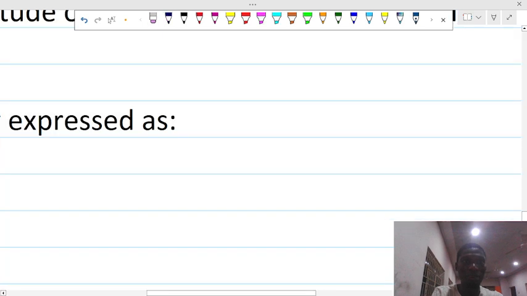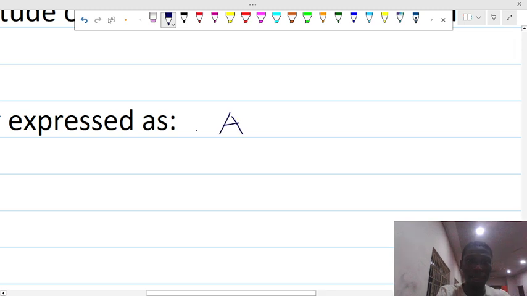It's expressed as this, which is the modulus. Let's say vector A, we use this sign for it, and then we say it's equal.